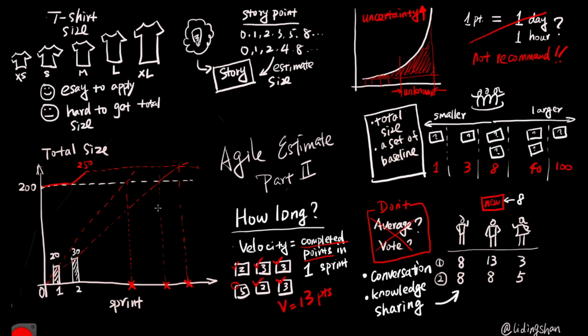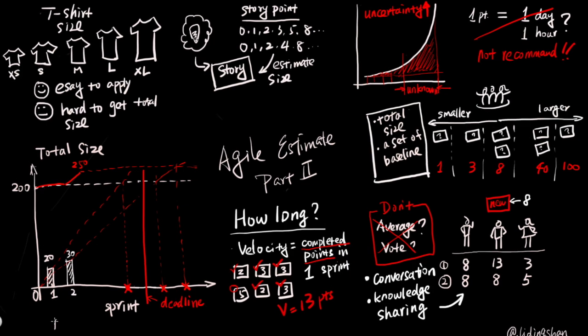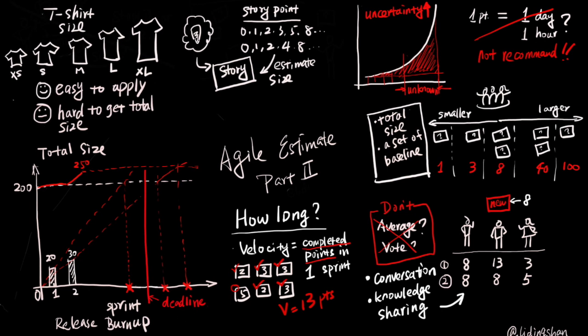If there's an expected release date, a deadline, then the team can, based on the velocity, tell if they may achieve the expectation or not. This chart is called release burn-up. It is quite useful to provide visibility of the progress based on the estimate and the actual completed work.